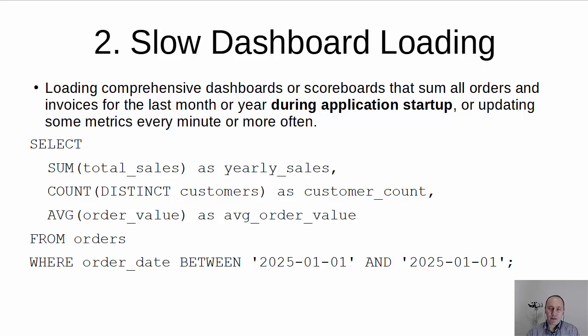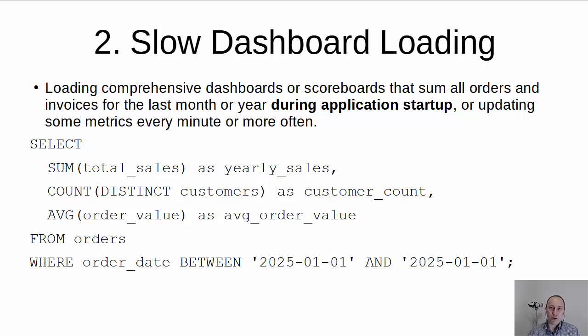The second anti-pattern is loading dashboard information. By dashboard, I mean dashboards or scoreboards which demonstrate some kind of summary information. For example, on this slide, you can see that we are calculating the total sales for the whole month.